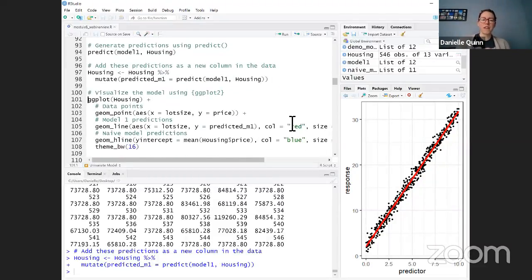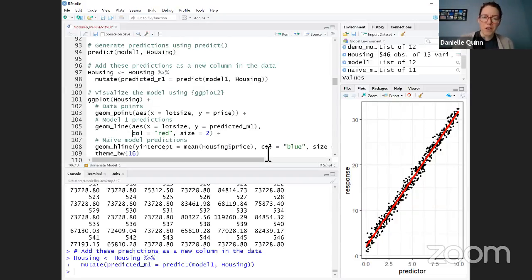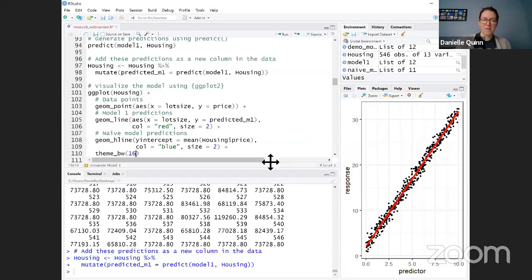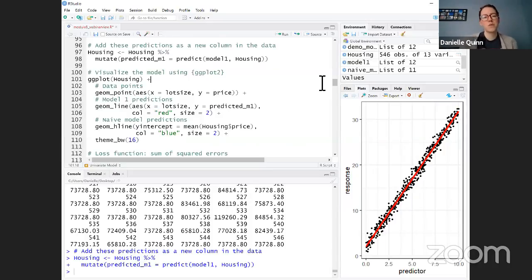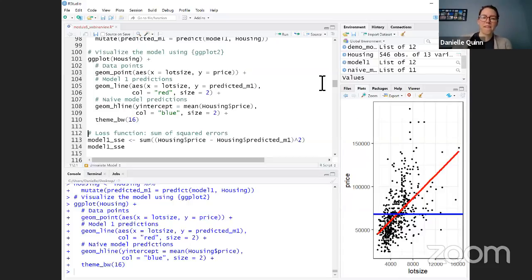Okay, and then I'm going to run this and then we'll take a very quick look at the code. But now you have all used ggplot many times, so you should be able to, when you download this code, kind of go through each line and see what it's doing. And so what we're doing here is we are first starting with a scatter plot of lot size versus price.